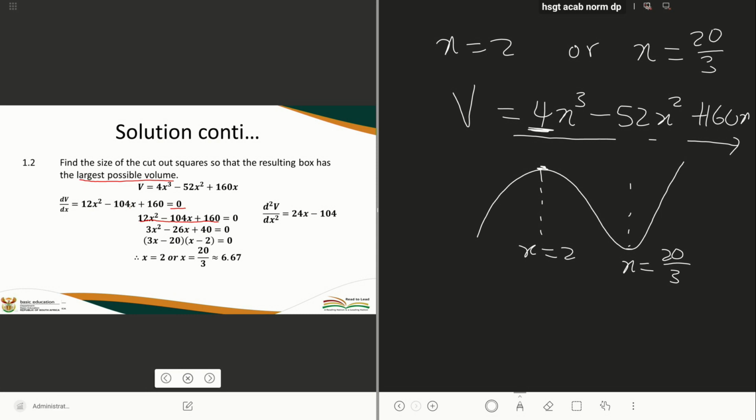Now, if you take the value x equals 2 and substitute it into this expression, we'll clearly see that this will give us a negative value, meaning that at x equals 2, the second derivative is less than 0, which means that you have a maximum volume at x equals 2. If you substitute approximately 6.67, you are going to get a positive value, and that means you have a minimum, which corresponds to the other question that we looked at on the other side.